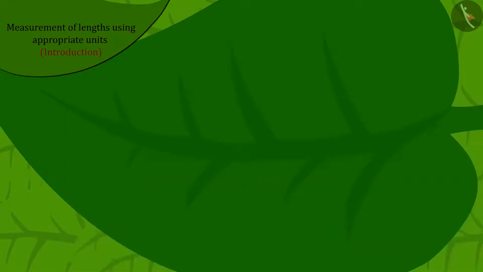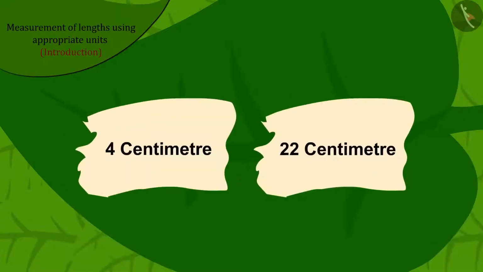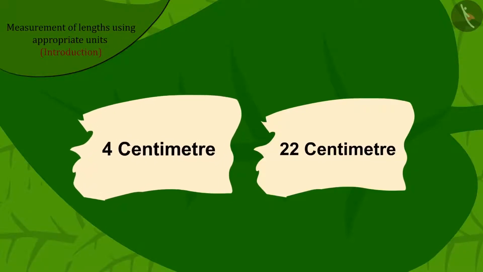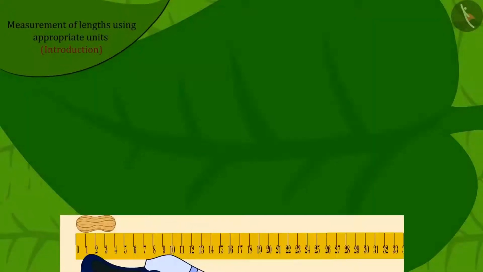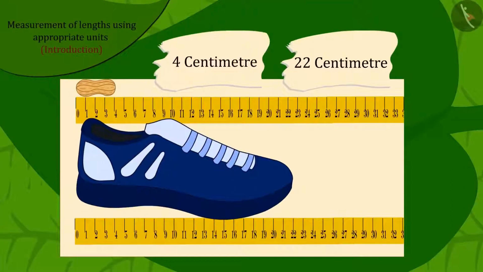Now Chanda found these two pieces of paper on which 4 centimeter and 22 centimeter were written. Now, can you match the length of the remaining two objects with their correct lengths? You can find the answer by pausing the video. Well done, kids! You have found the answers to them.